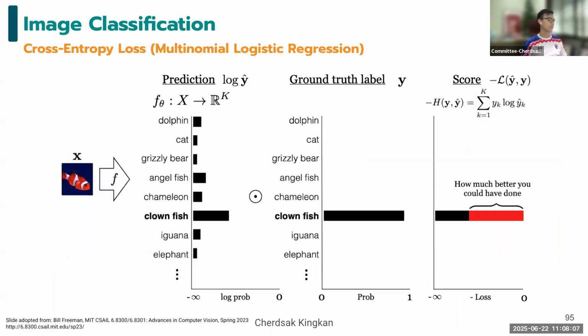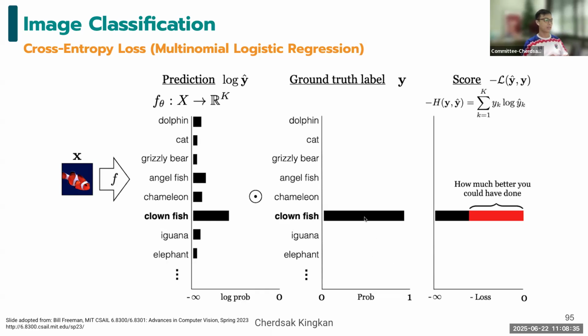Let's look at an example. You feed this image into your linear model, and it gives you some sort of score function, the raw scores, or log probabilities. And then this is your ground truth, because the crayfish has to have probability equal to 1.